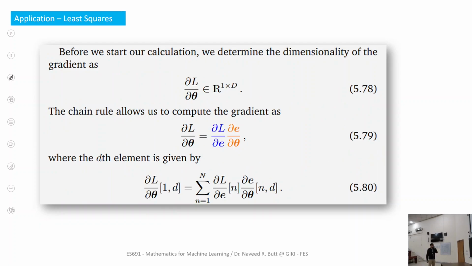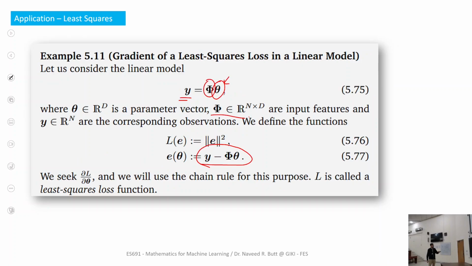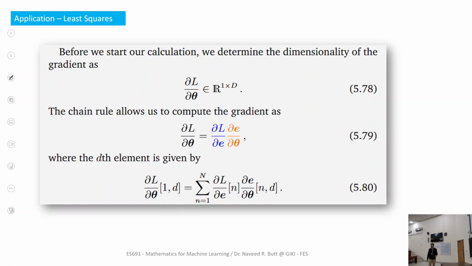So how do we find that? We want to find the partial of L. Is it single valued or multi valued? It gives only one value. It is multivariable, right, but its output is a single scalar, it's a norm. So it's a single valued function but multivariable. The variables in it are theta, n variables. So what we are interested in finding is this thing.